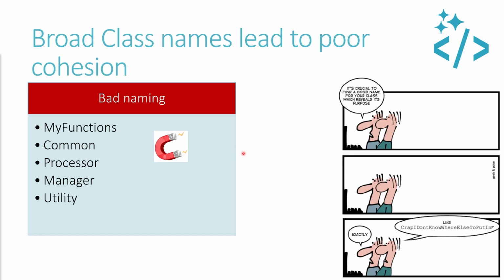So a class with too many functionalities is hard to understand, and will be a maintenance nightmare. Here are some names which we shouldn't use: my functions, common, processor, manager. I used this manager name a lot for all kinds of stuff, but this will attract bad code like a magnet, and the classes will be huge, and in the end it will be hard to maintain these classes.